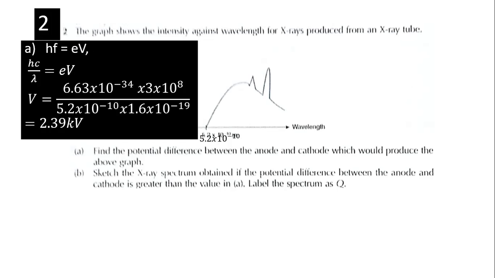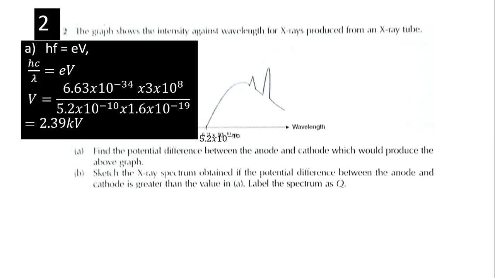So your graph, how does it look like? Where is the cutoff wavelength? Shorter or longer? Shorter. Where is the spike? Is it the same wavelength, lower wavelength, or higher wavelength?